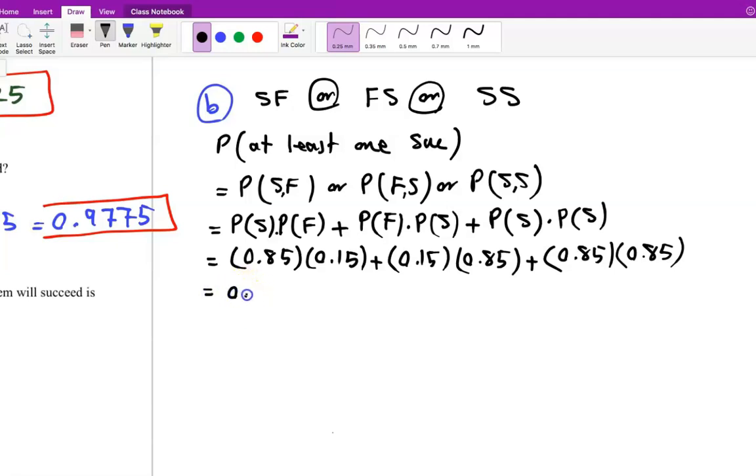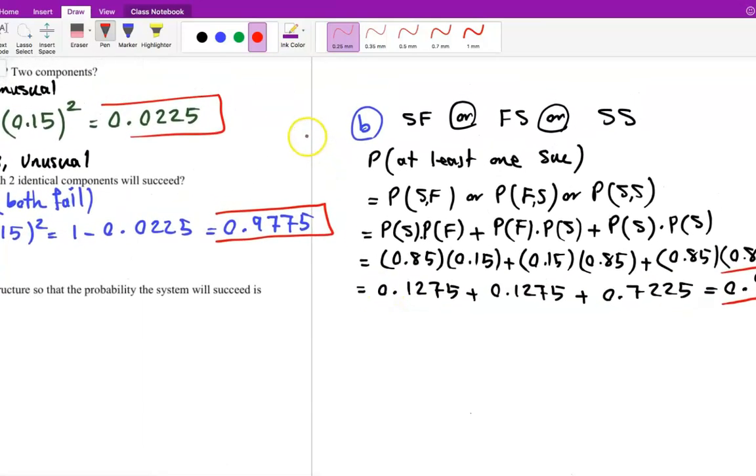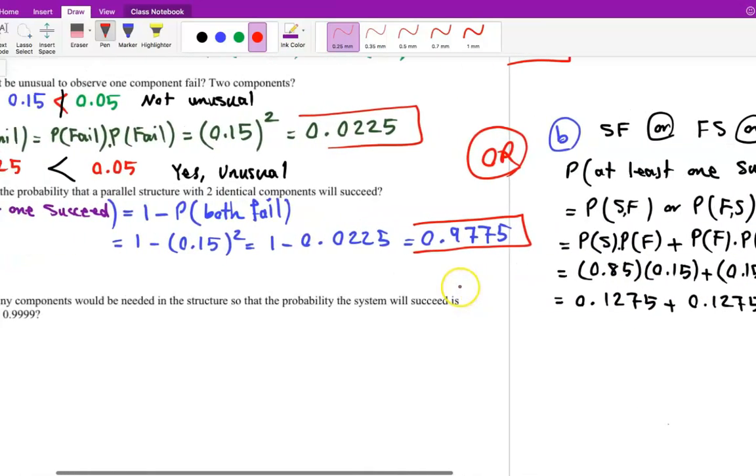So here we have 0.1275 plus, same thing here, 0.1275 plus 0.7225. So add all these, the answer is 0.9775. So we got exactly the same answer. But we have more steps here. So use that one or this one. Obviously, this is harder to find.